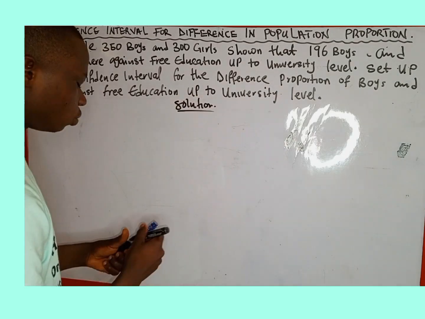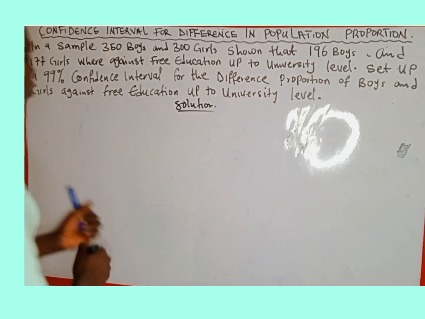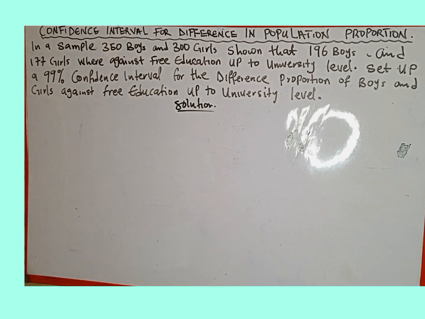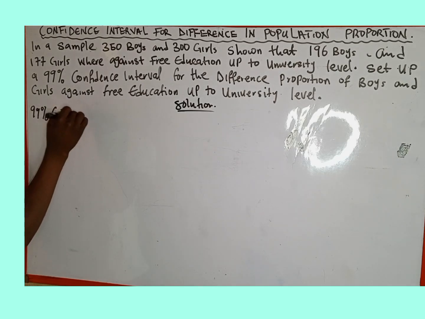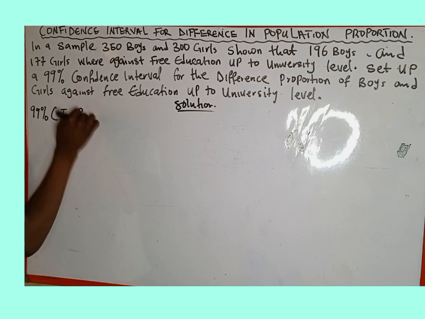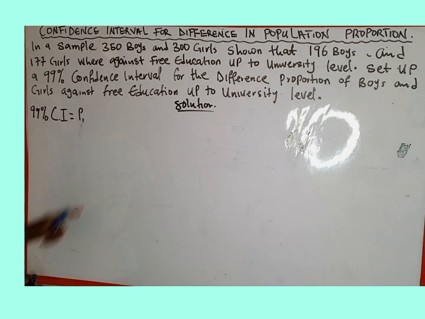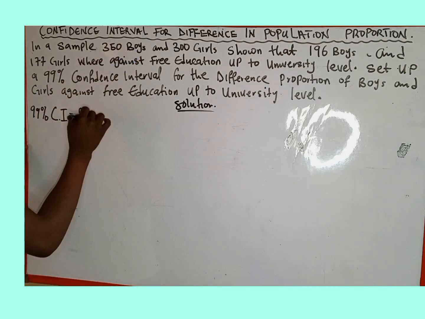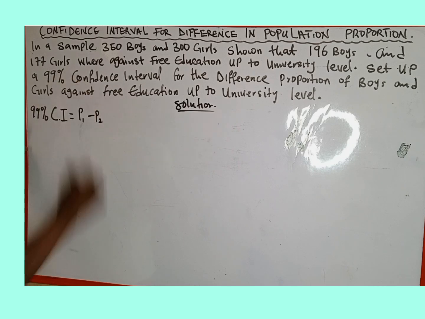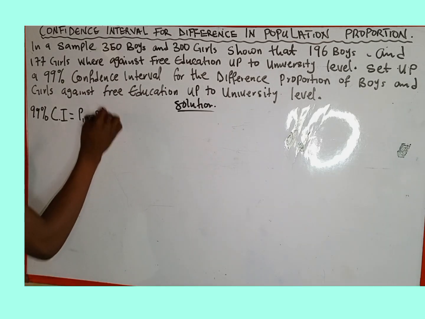So the first thing we are going to do is to write the formula used to calculate the confidence interval for difference in population proportion, and the formula is given as the 99% confidence interval, which can be represented as CI, which is equal to what? P1, which is the proportion of the boys, minus P2, which is the proportion of the girls, plus or minus.